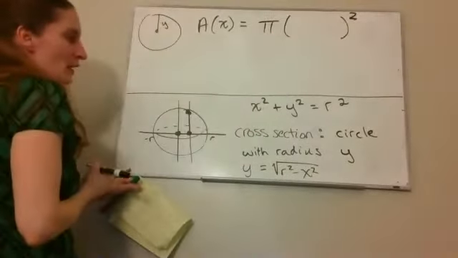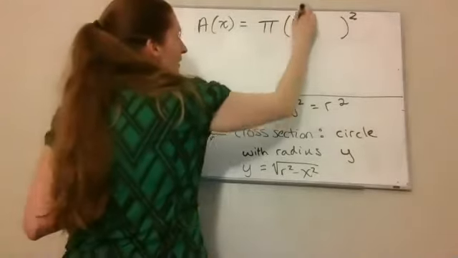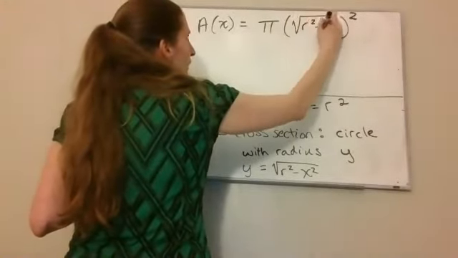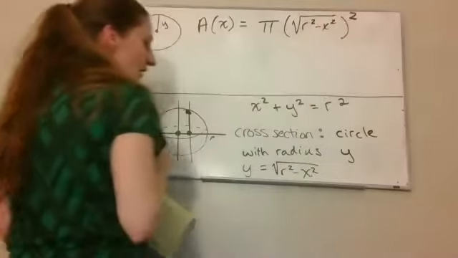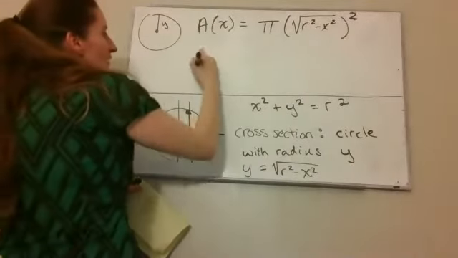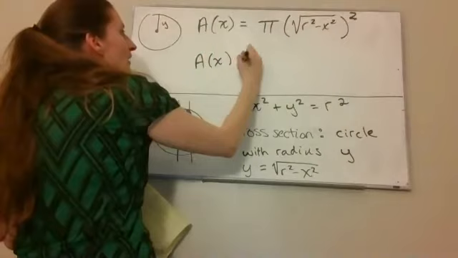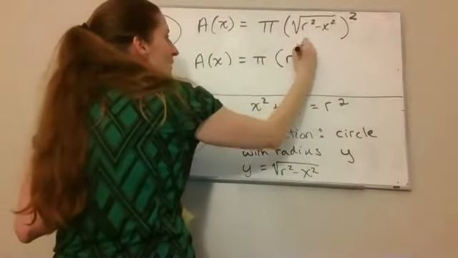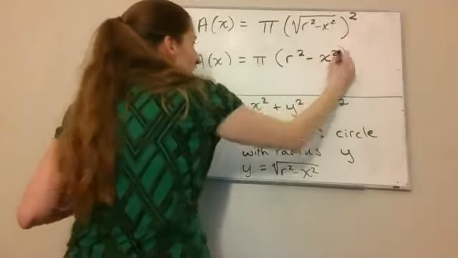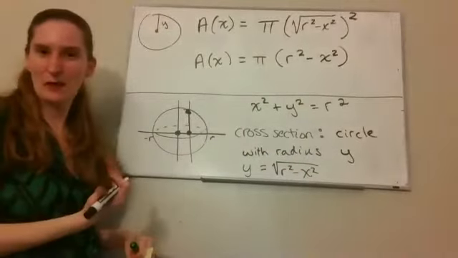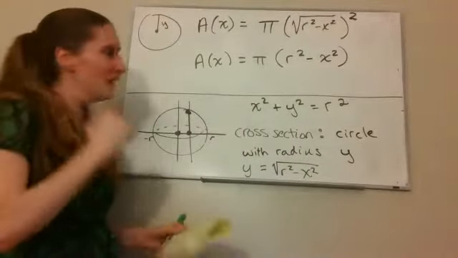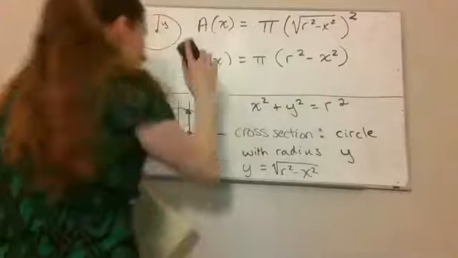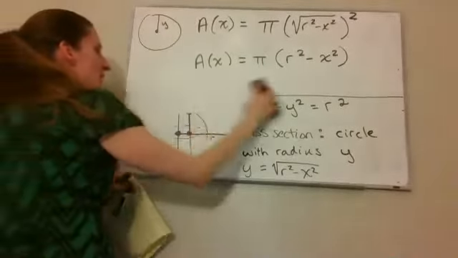The radius of my cross section is y, which is the square root of r squared minus x squared. So my area formula is just pi times r squared minus x squared, because when I square that square root, that part goes away. All right, so that is my area formula.